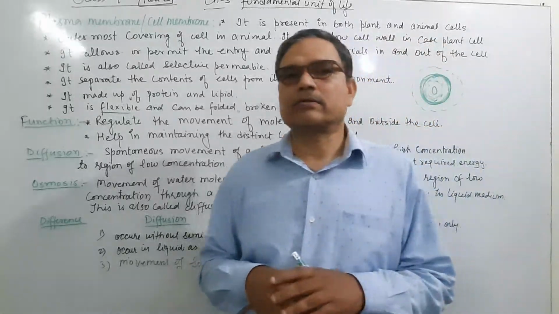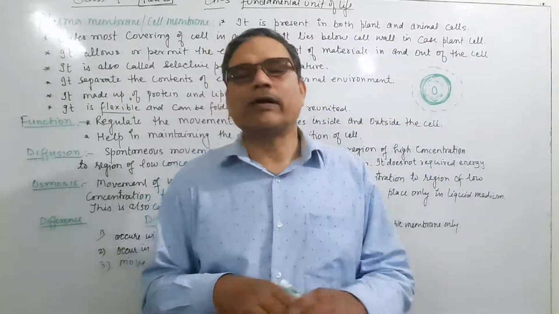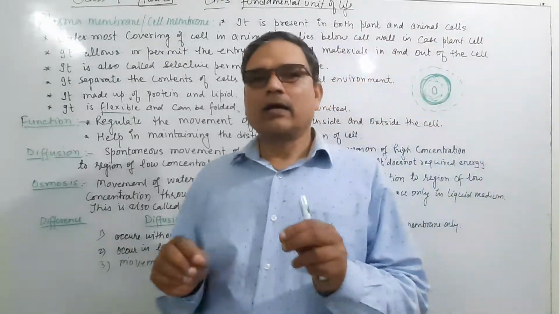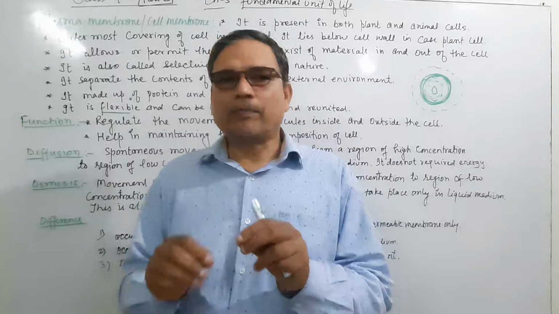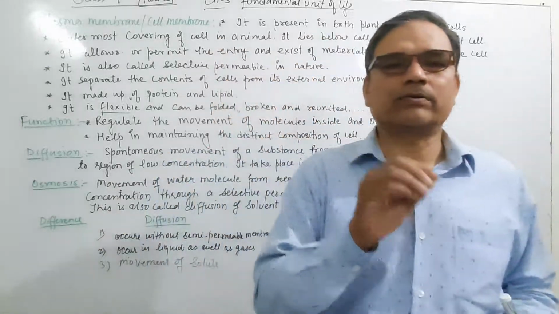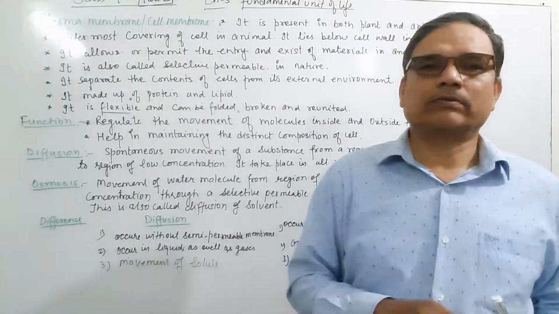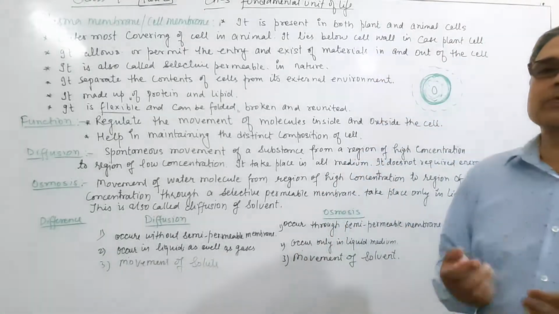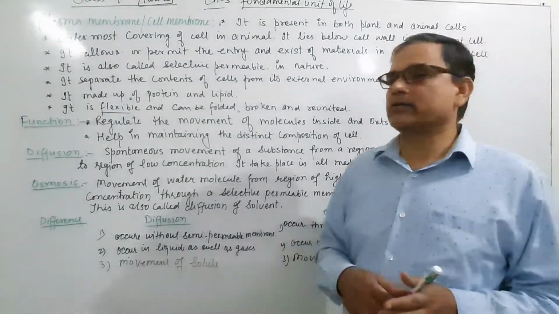It protects us; it is a protective layer. In the animal cell, the plasma membrane acts as a protective layer. Therefore, it maintains the regulation of substances inside and outside the cell.